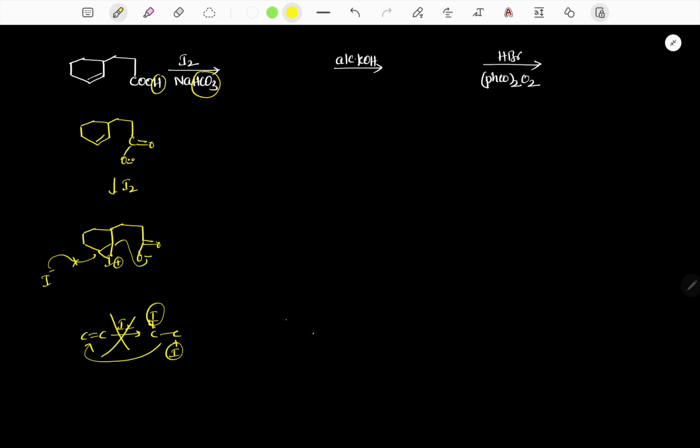But here intramolecular ring closing is possible, so this kind of reaction is possible. So this is simply electrophilic addition.